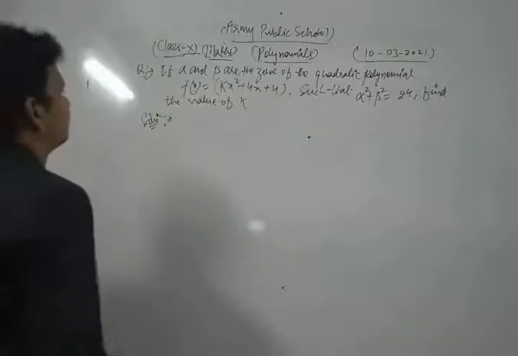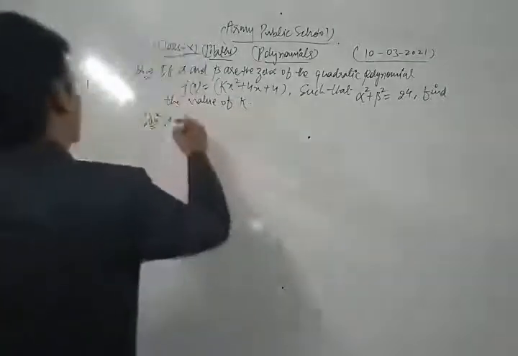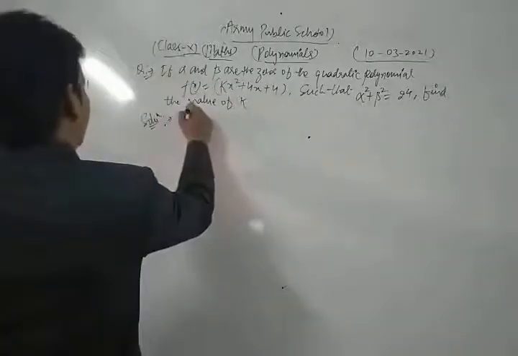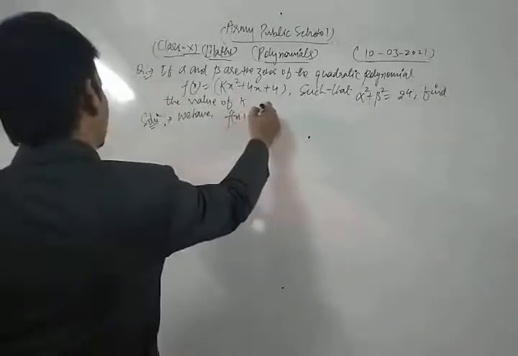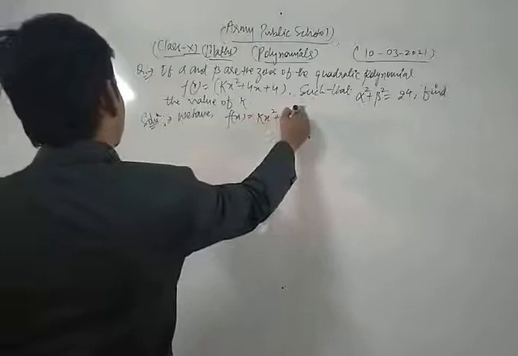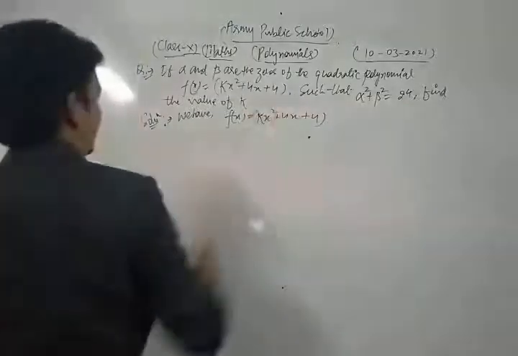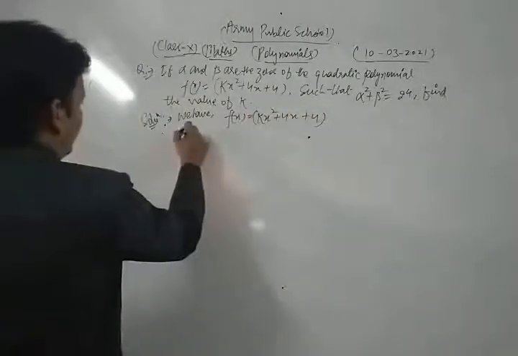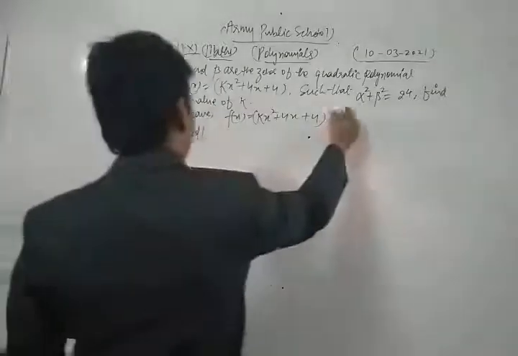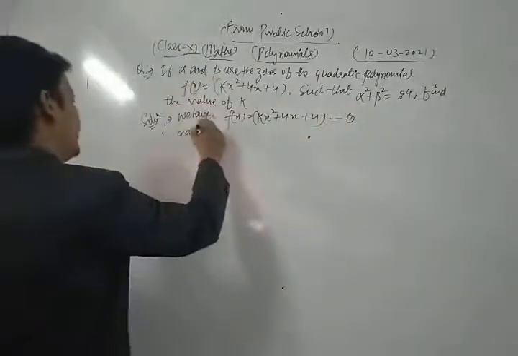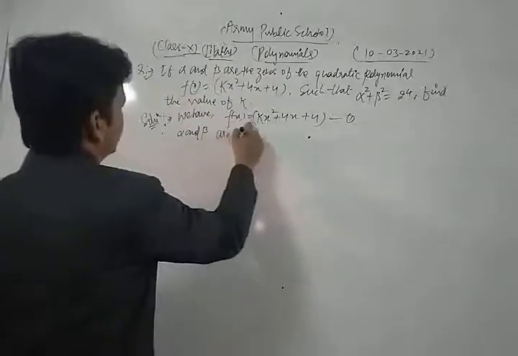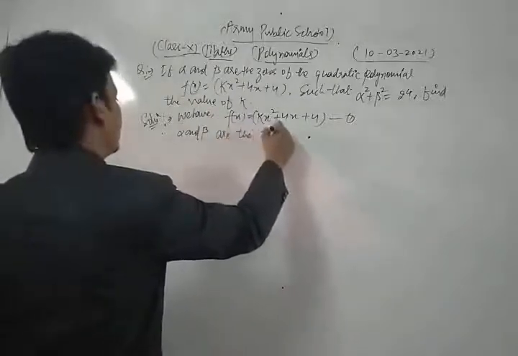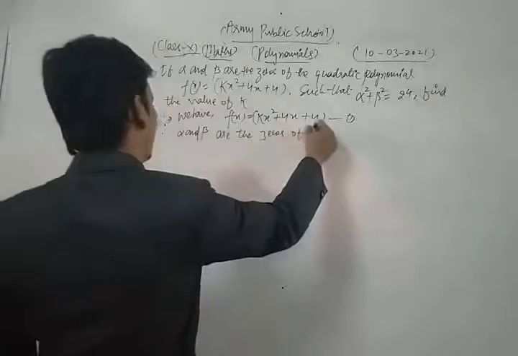Dear friends, first of all, we have an equation f of x is equal to kx square plus 4x plus 4. We take this as equation number 1.